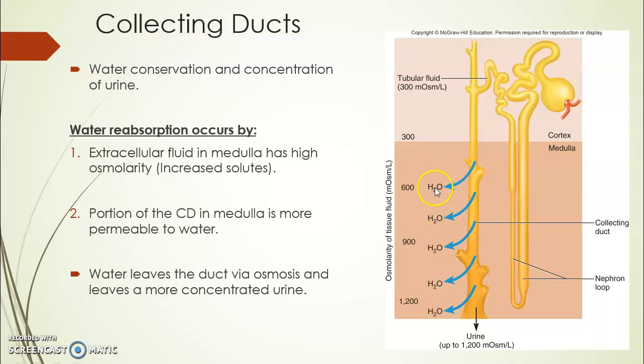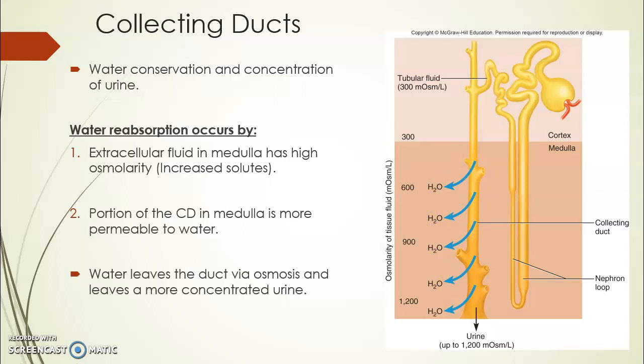So this is where we conserve water in the collecting duct, just by way of osmosis. As water exits the collecting duct into the tissue, the urine becomes more concentrated. This process shows, like we were talking about, that the color of urine can change based on how much water is reabsorbed.